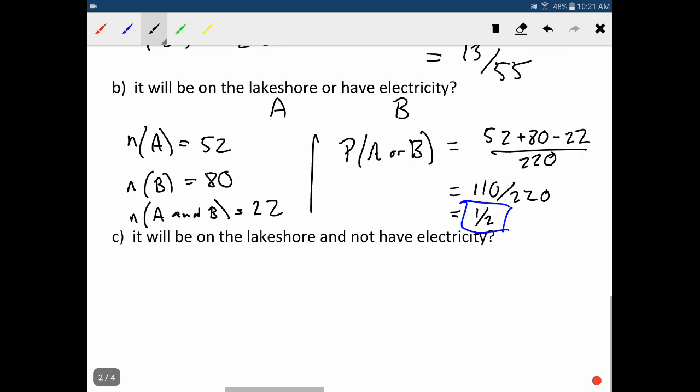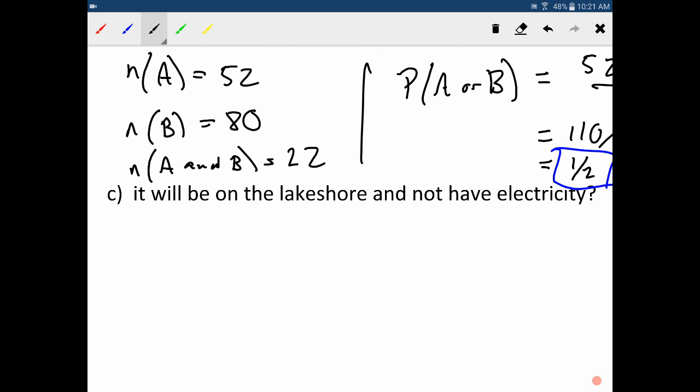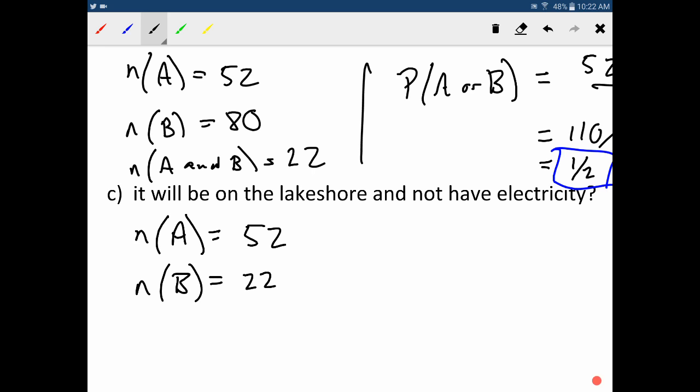And finally, what is the probability it will be on the lake shore and will not have electricity? So this one's a little bit more complicated. We're going to say the number of ways it's on the lake shore, which we've done every time, so it's still 52. We're still going to keep the B: it has electricity, the number of ways it has electricity.